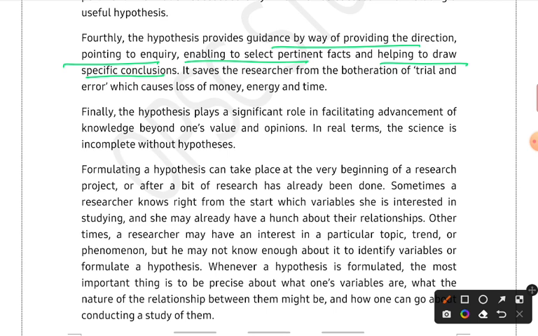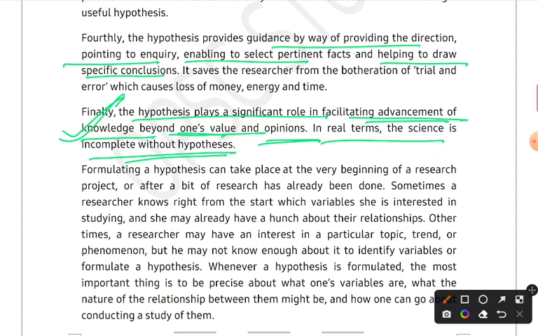He can easily conclude that data, and he can easily point the inquiry in which direction it should be proceeding. Finally, the hypothesis plays a significant role in facilitating the advancement of knowledge beyond one's values and opinions. In real terms, science is incomplete without hypothesis. So I guess you can understand this.